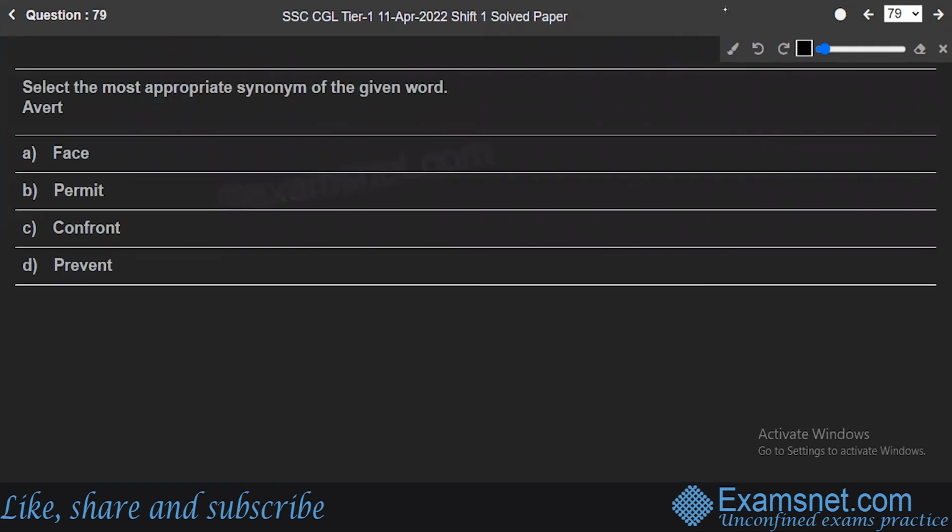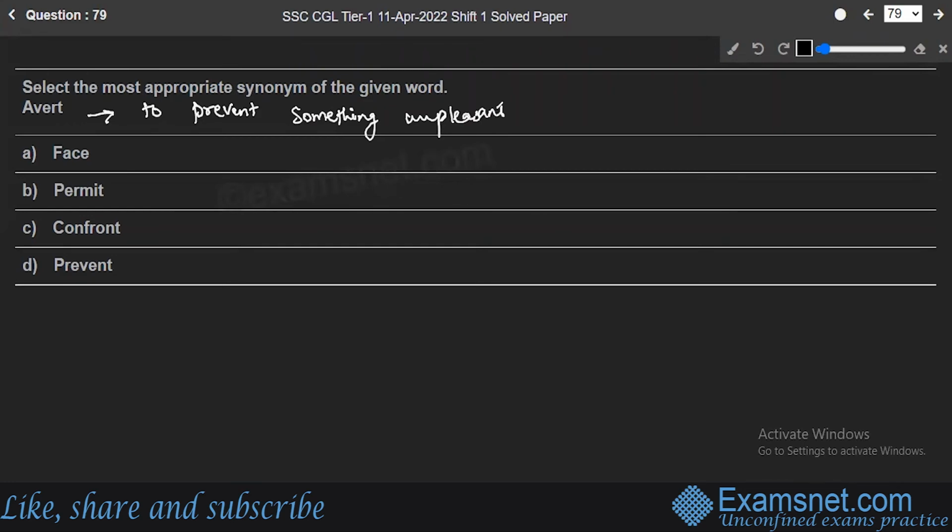So question number 79, you have to select the most appropriate synonym of the given word, avert. The given options are face, permit, confront, or prevent. We'll be looking at the meaning of each and every word one by one, then we will see the most appropriate option. Avert means to prevent something unpleasant.